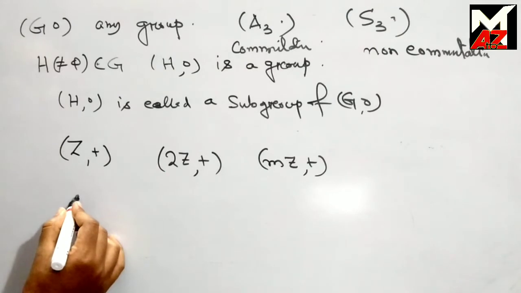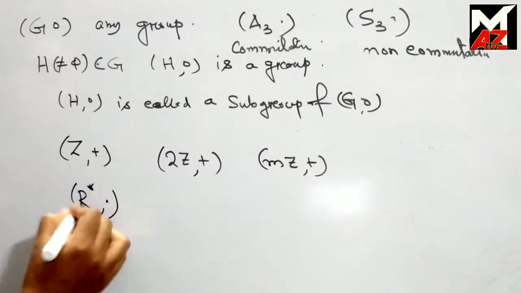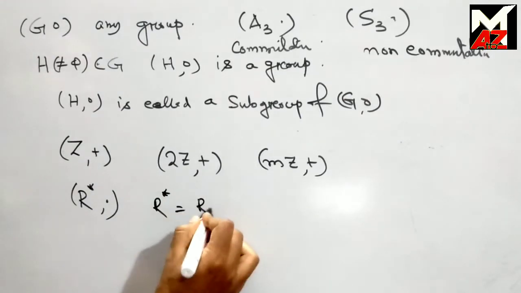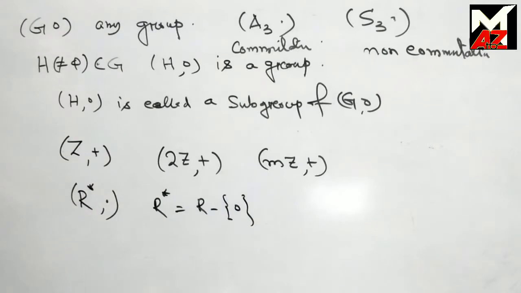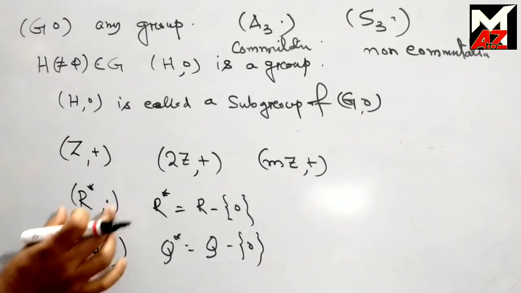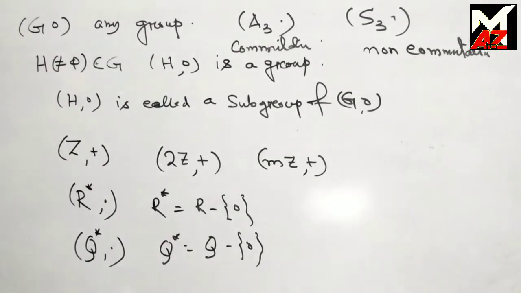Also, if we take the group R star dot, where R star is equal to R excluding 0, and Q star dot, where Q star is Q minus 0, this is also a subgroup of R star. Okay, so there are so many examples of subgroup.